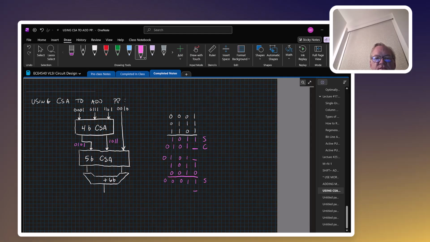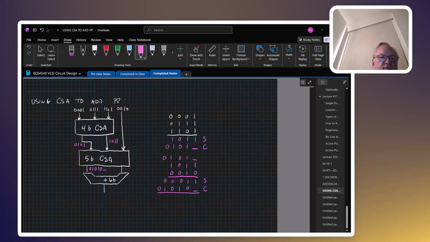And I'm going to get another sum and another carry. So those are going to be going into the third stage, 01010 and 00011.